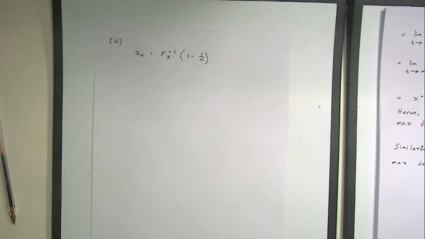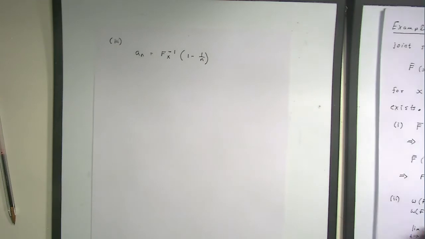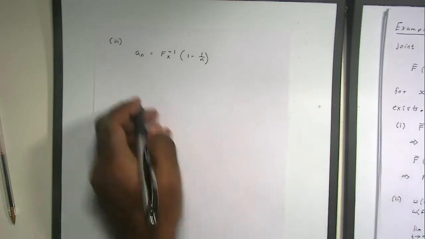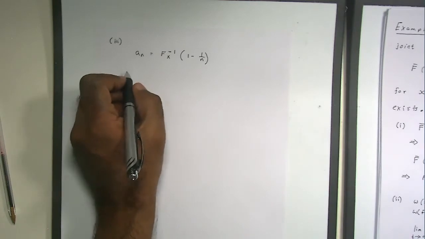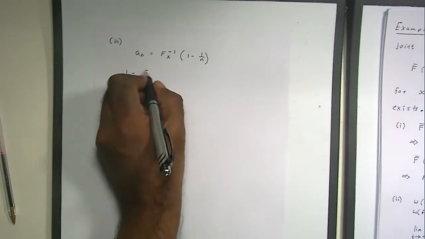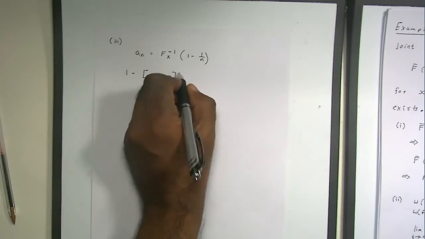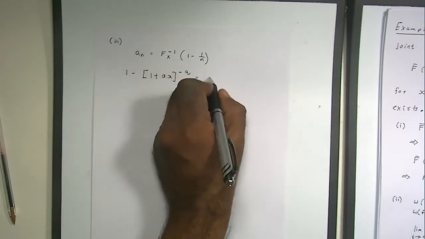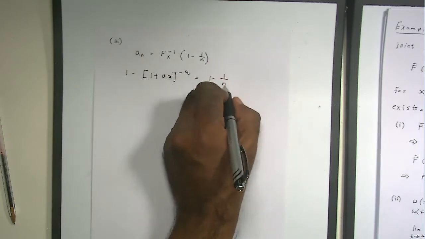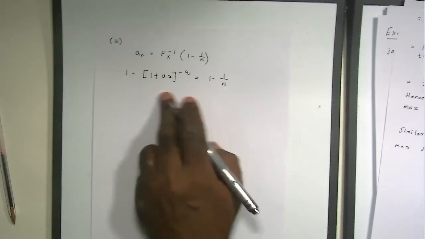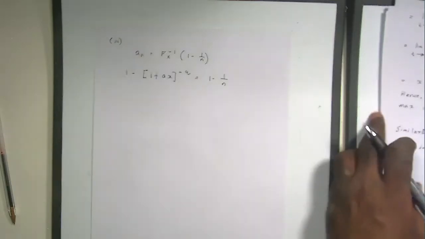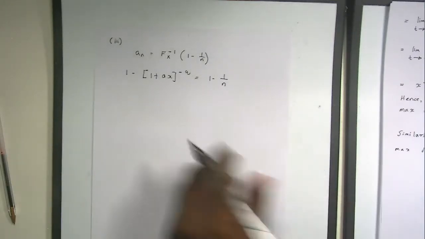So to find that, you need to set the CDF of X, which is this, right? You need to set 1 minus (1 plus ax) to the power minus q equal to 1 minus 1 over n, and solve this equation for x. That will be your a_n, right?